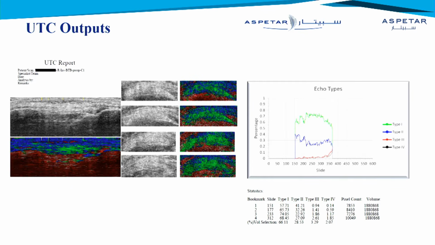In this case, it's a very healthy tendon with a high proportion of echotype 1, the more aligned fibers, echotype 2, intermediate, and then types 3 and 4 in very small amounts. Also, the more contours, the more information you provide to the system. At the very bottom you have the volume selection, which was by the choice of the examiner. In that case, it included the whole tendon.